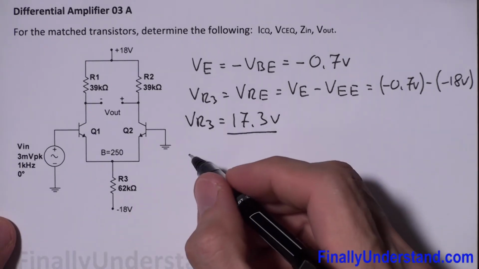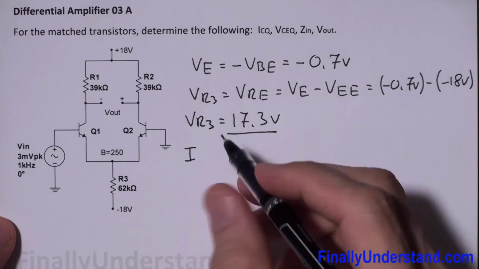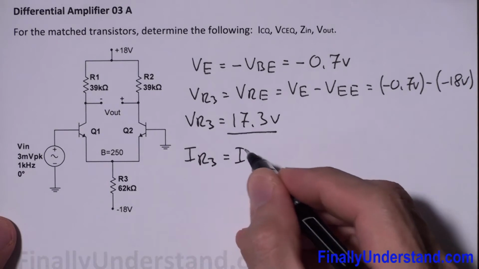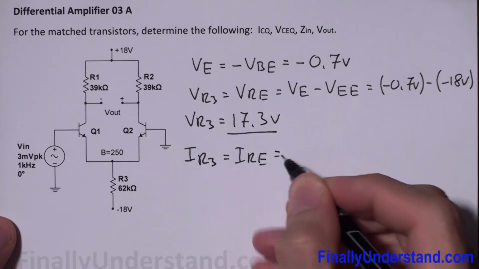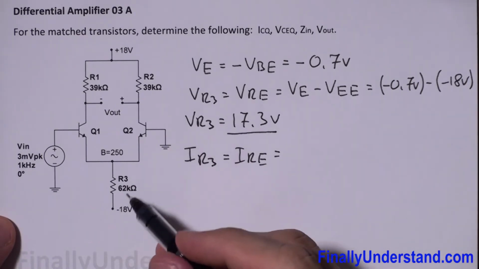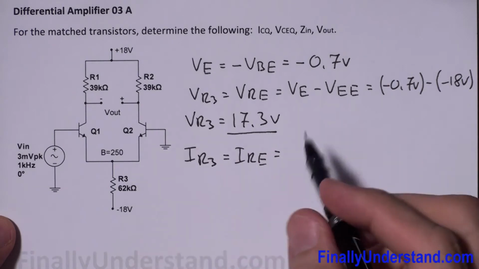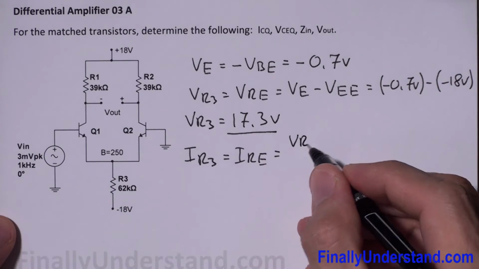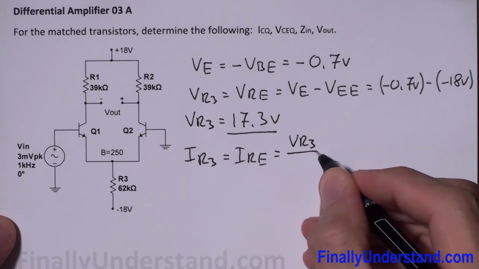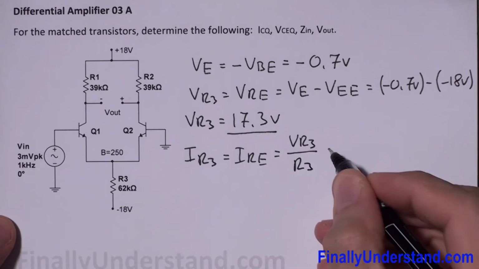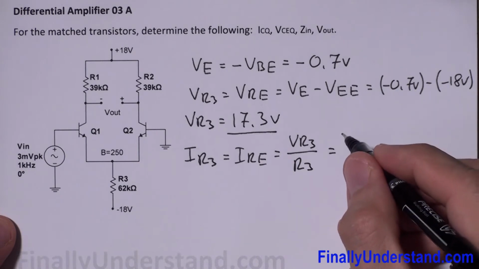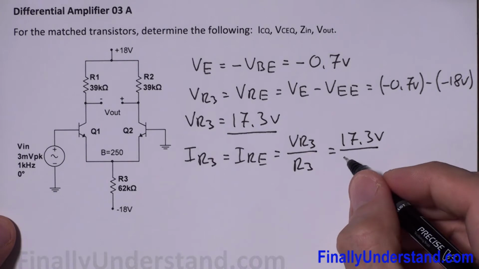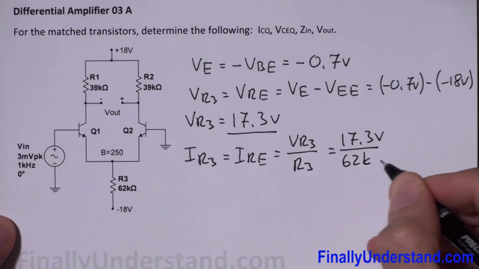Next, I'm supposed to find the current which goes through resistor R3. So IR3, also IRE, as I said, in some books you are going to see this labeled IRE, is VR3 over R3, where VR3 is equal to 17.3 volts divided by R3, 62 kilo ohms.